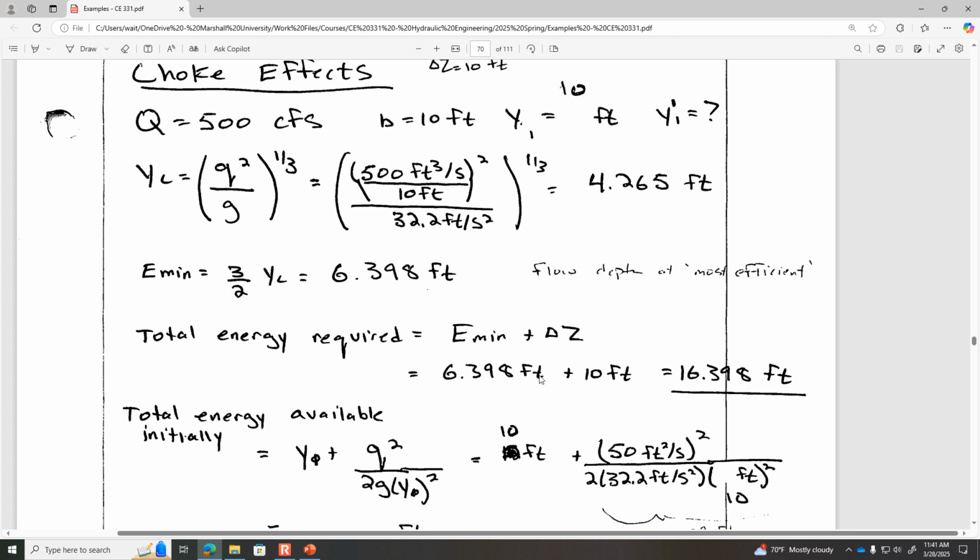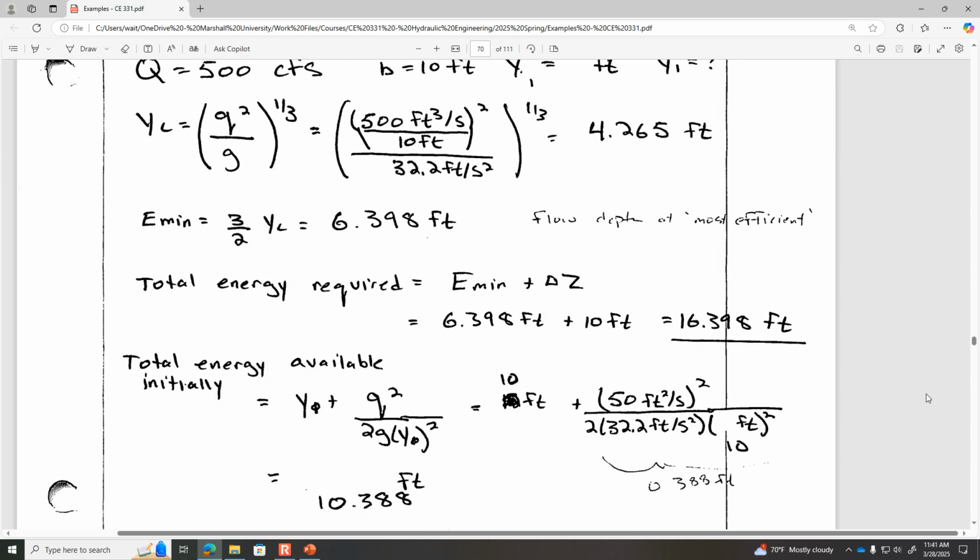Well, there's the 10 feet of flow depth plus whatever velocity head is there. Not much. The velocity head is only 0.388 feet when we take it into account and add it to the depth. Basically, there's 10.38 feet. So E available is 10.38 feet.